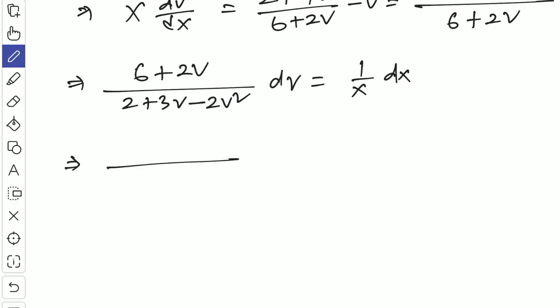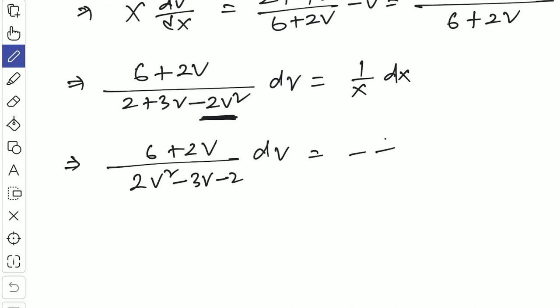We have multiplied by minus 1 on both sides, so that the quadratic term becomes positive. That's what we have done: (2V² − 3V − 2) dV, so here it will be −1/X dX. So now let us integrate on both sides.